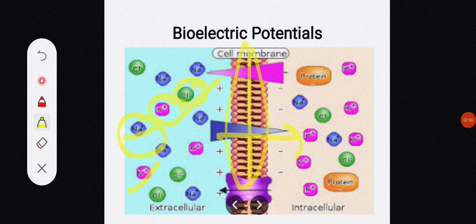Sodium is also a positive ion, potassium is also a positive ion, and chloride is a negative ion. So this semi-permeable membrane has the nature that it will allow only potassium and chloride ions to pass through it, but it won't allow sodium ions.